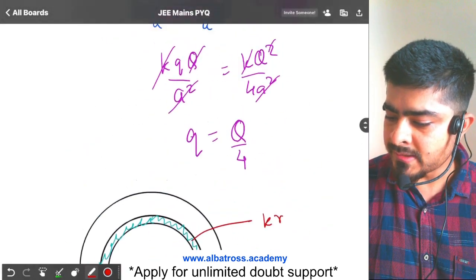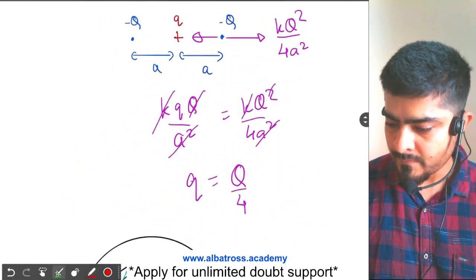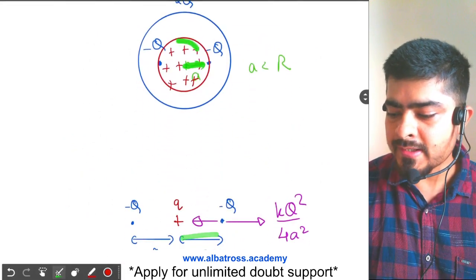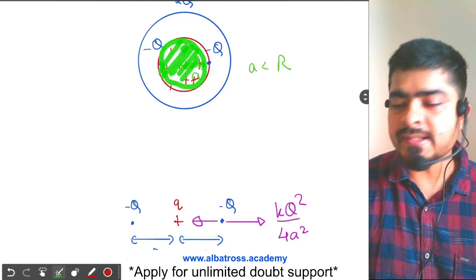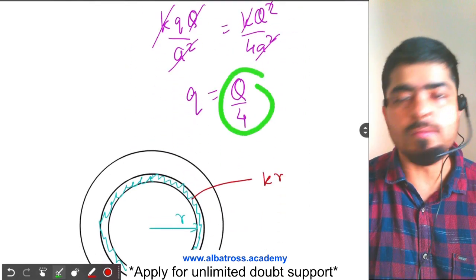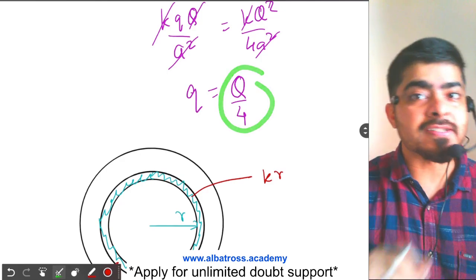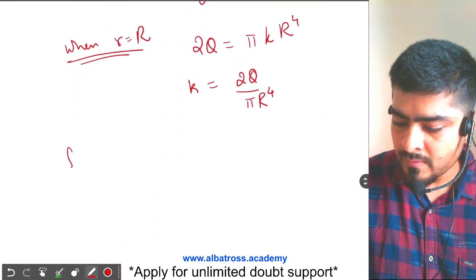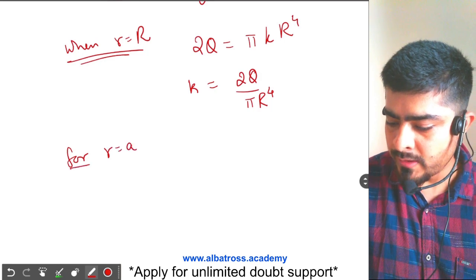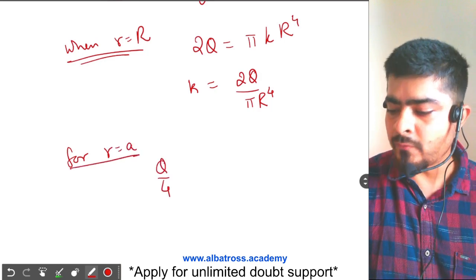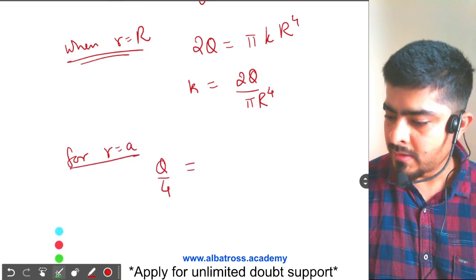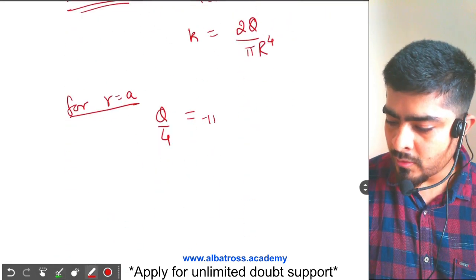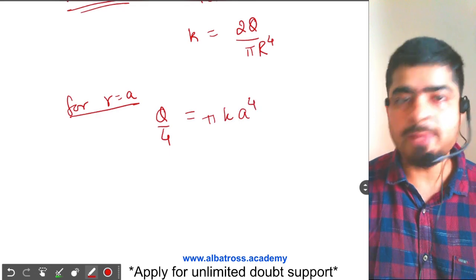Now we apply this in our requirement. For a sphere of radius a, the charge inside the sphere is, as we have calculated, q by 4. Only then the negative charges are in equilibrium. So for r equal to a, q by 4 will be equal to, using this formula pi k r power 4, pi k a power 4.